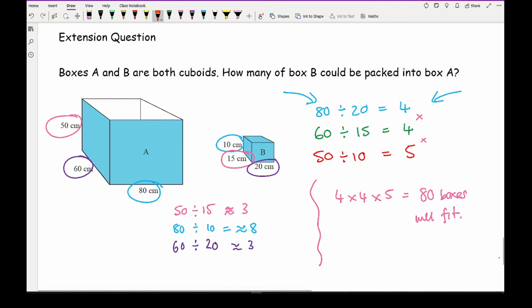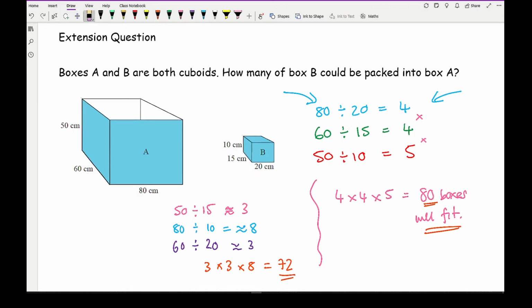And again, if I was to do 3 times 3 times 8, then I'd get the answer of 72, which is smaller than the correct answer of 80. So what you want to do is make sure you match up which numbers fit nicely with the other, because like I said, doing it the wrong way may give you a smaller answer. So that would definitely not be a good choice of orientation of box B to fit into box A.